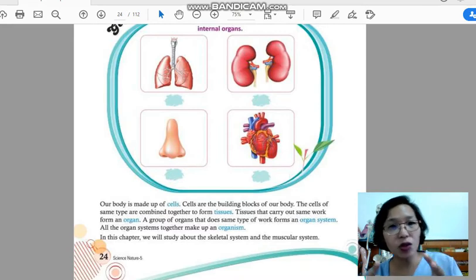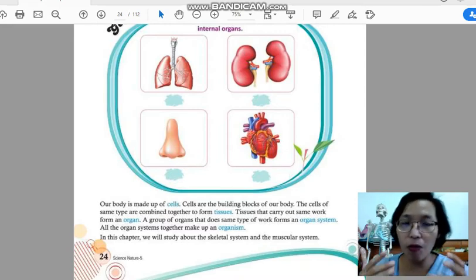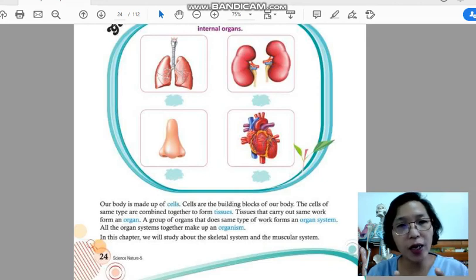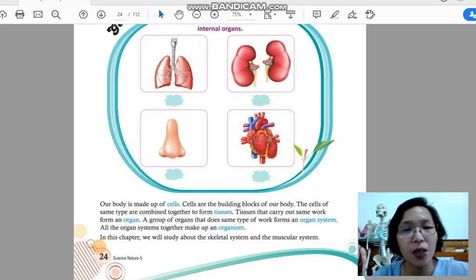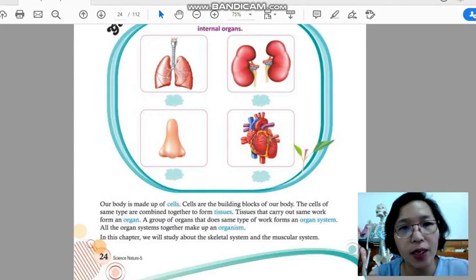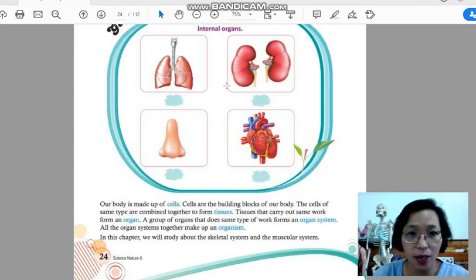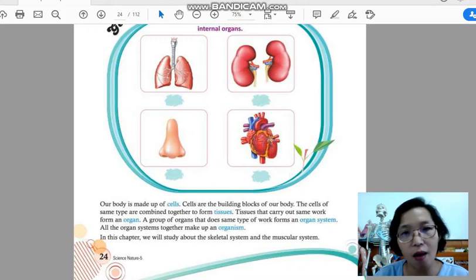And when tissues with the same type of work join together, we call it an organ, just like this lung, kidney, heart, and nose.